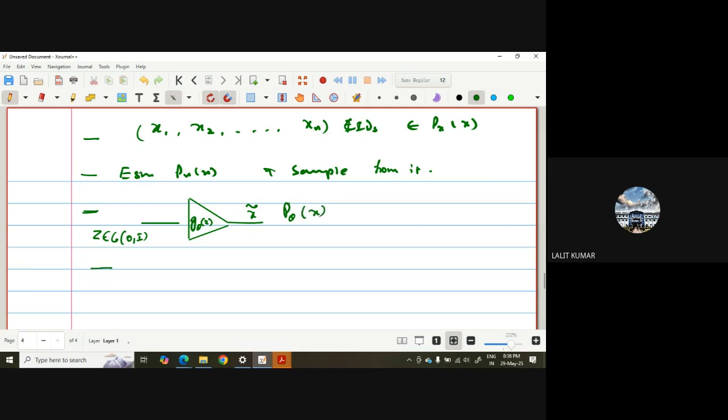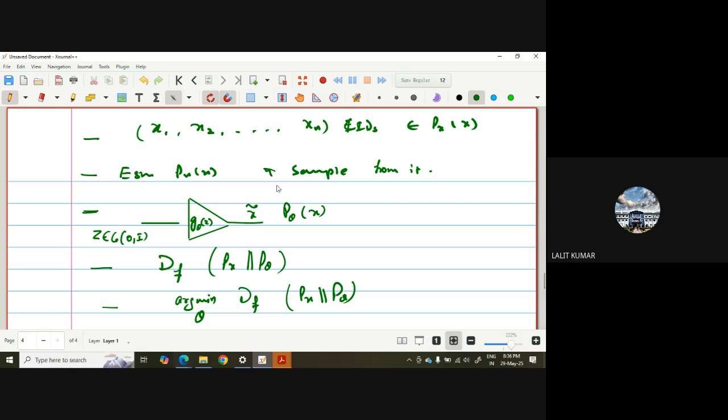So now to estimate p(x) with the help of p theta of x, we define a divergence measure. Our objective now becomes to minimize over the parameters of p theta the Df of p(x) over p theta.